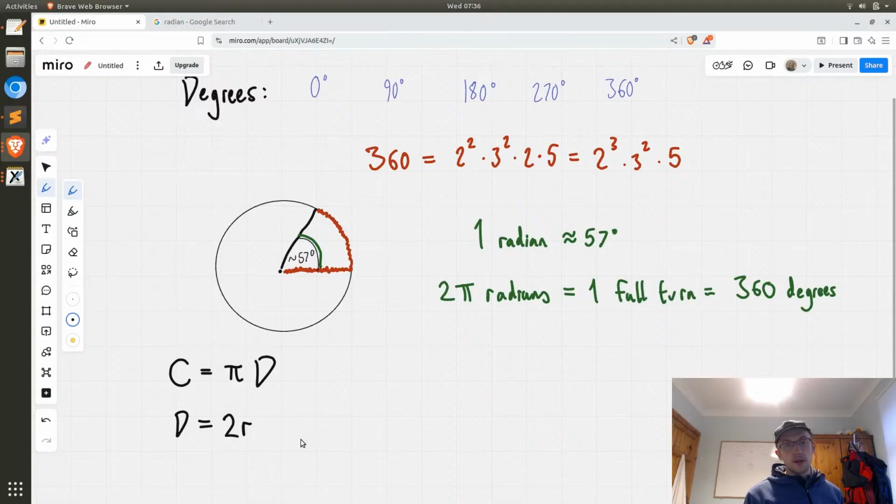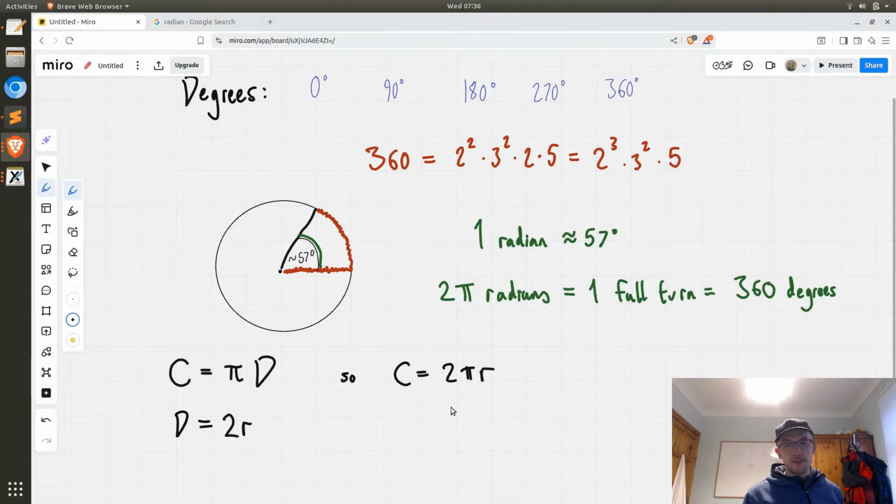So it's a question of how many radii it takes to make the circumference. That's really the question. So just replace D with 2r, so 2 pi r.